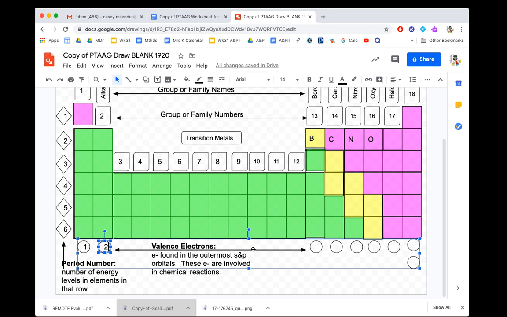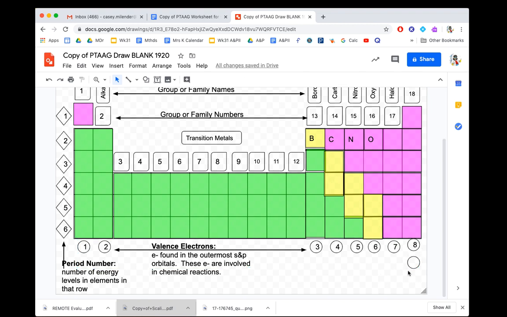There are other orbitals called d orbitals, which we're not going to get into, so that's why we skip those. All right, and then keeping up with the pattern, that's 3, 4, 5, 6, 7, 8. All right. Now you say, well, what is that little circle for?